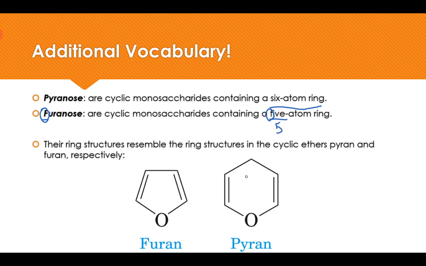That's just kind of how they are. These are named after the common names for these organic molecules respectively. Pyran has a 6-membered ring with an O in it, and furan has a 5-membered ring with an O in it.